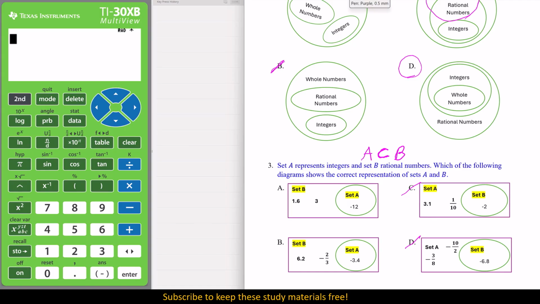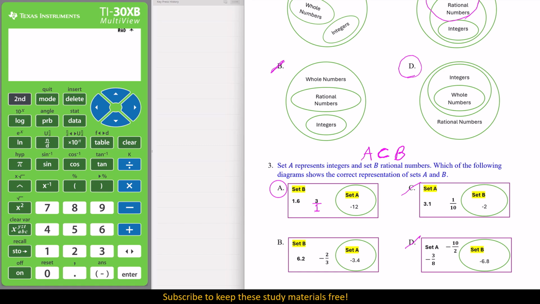So for option A, it is -12, which is an integer. And B is supposed to be rational numbers. I absolutely agree with that, because all whole numbers can be written as a rational value. They are over 1, which is a rational. So I agree with A.